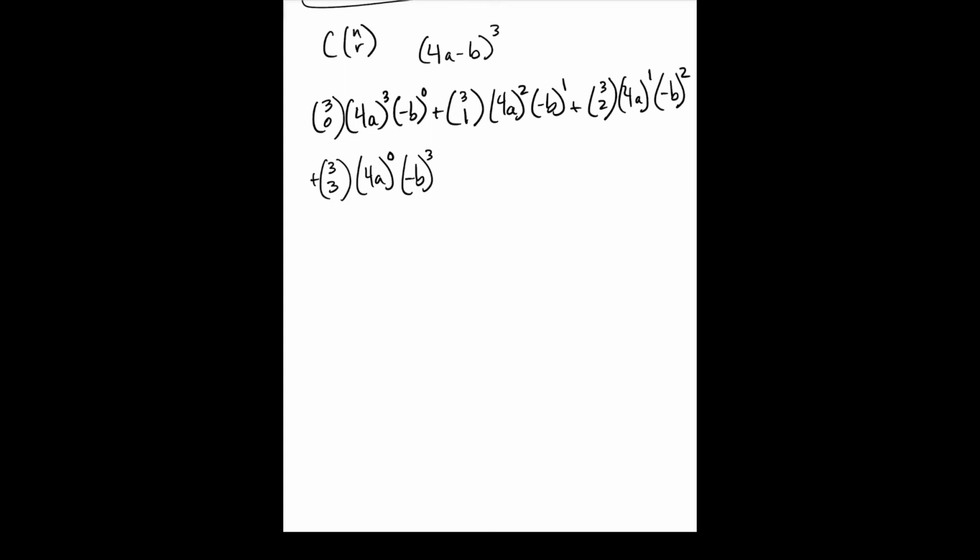Okay, so now let me show you how we end up getting our coefficients with this notation here. And I'll do it for just a couple of them. So recall that my binomial theorem is n choose r. So that's n factorial divided by n minus r factorial, and then r factorial.